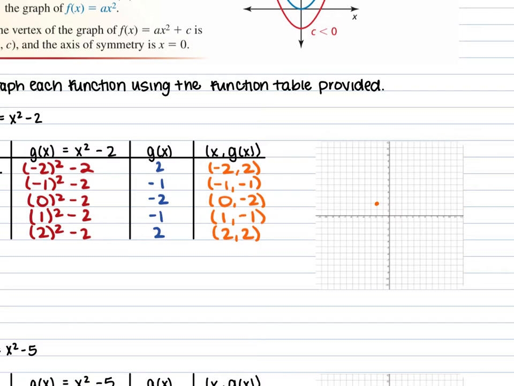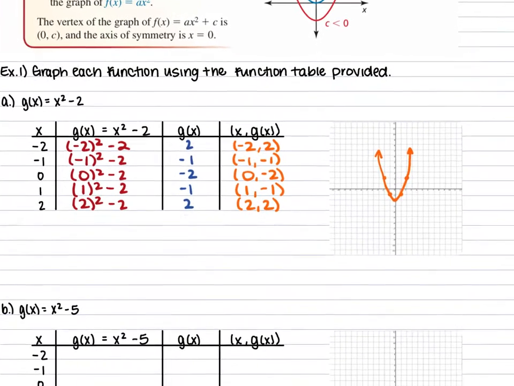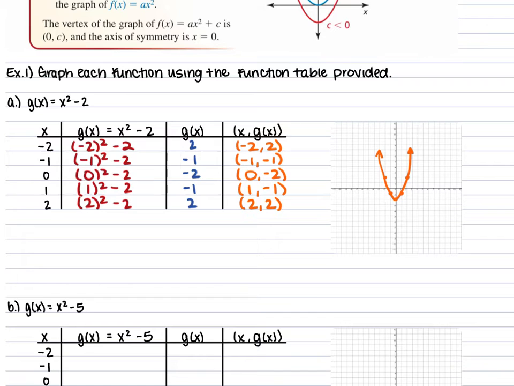Then we have negative 1, negative 1 is here. 0, negative 2, 1, negative 1, and 2, 2. We draw our line through these ordered pairs. And then we're done.